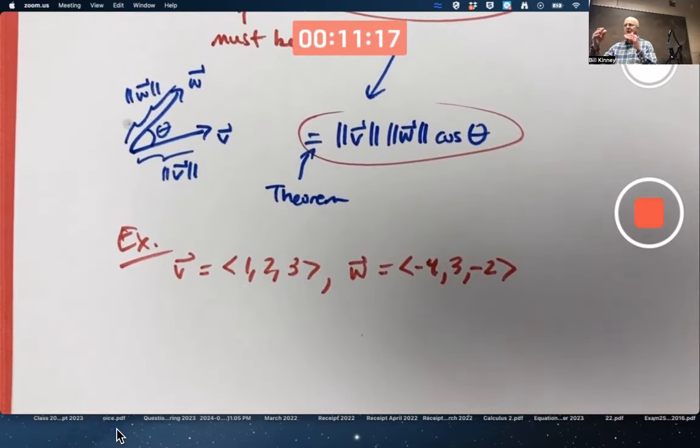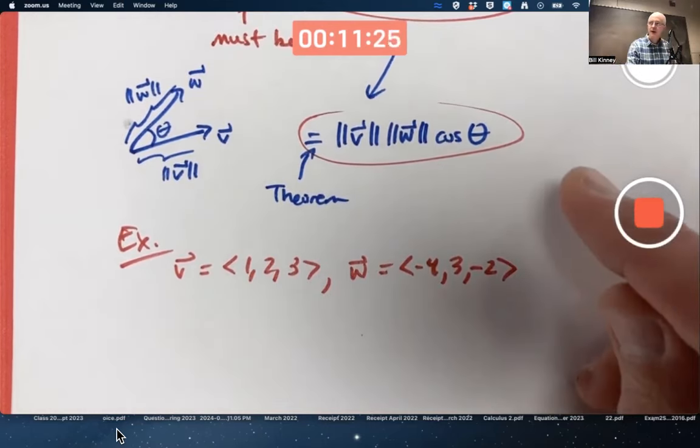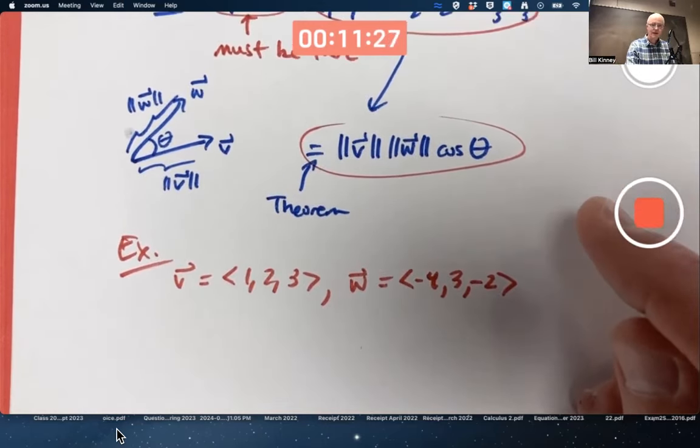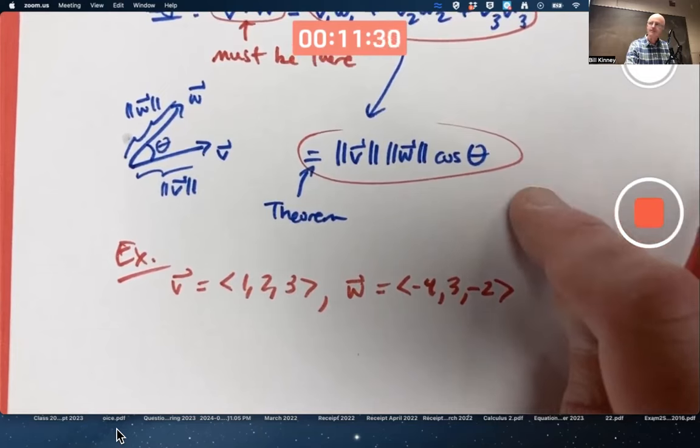I mean, I could try to draw these things in three-dimensional space and guess the angle, but that doesn't sound so pleasant. Much better to use the dot product and the equality of the dot product with this thing to solve for the angle. Then we know it precisely and we can approximate it well.